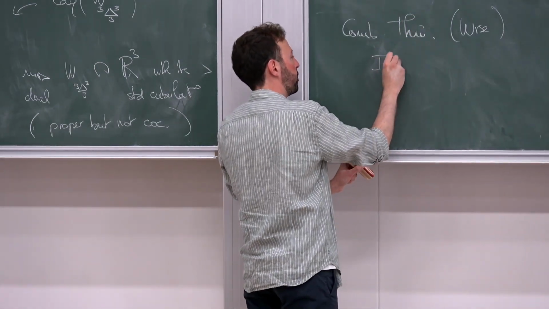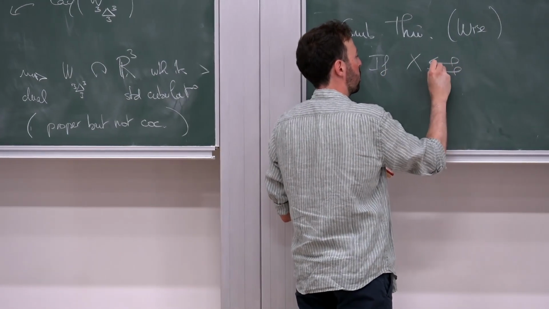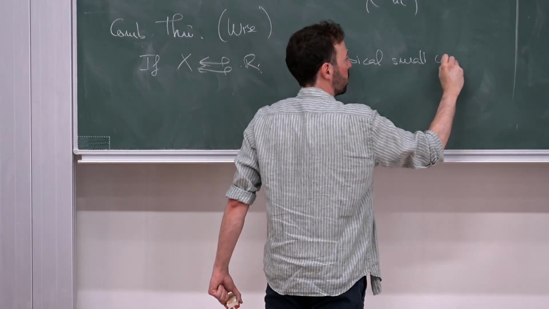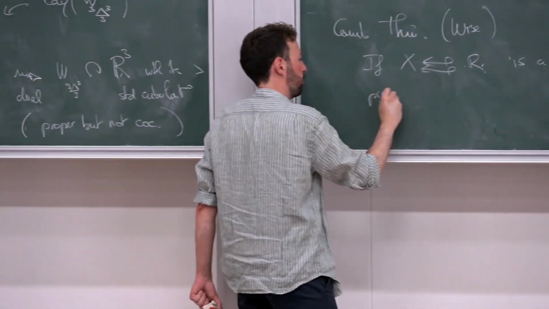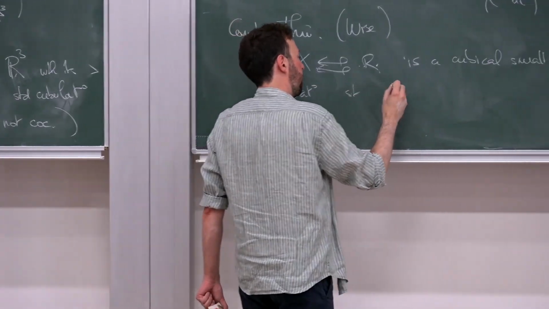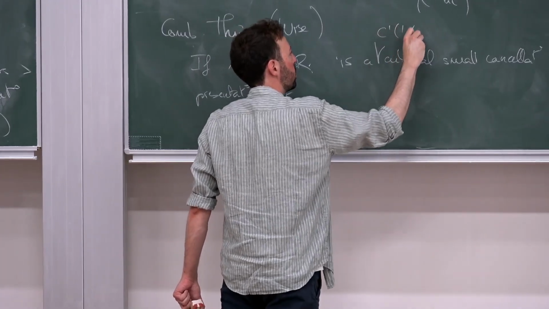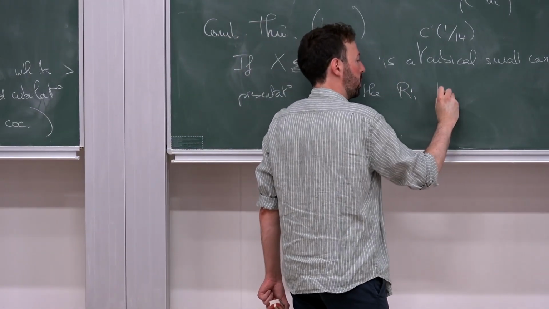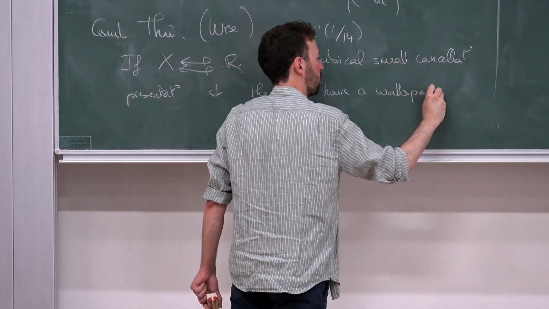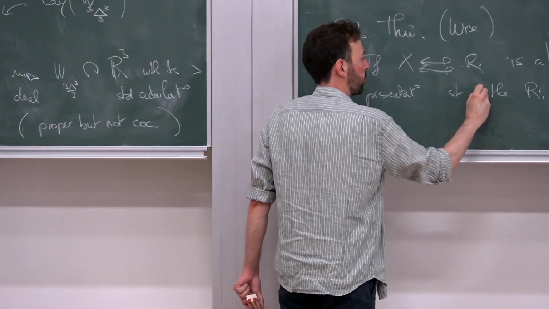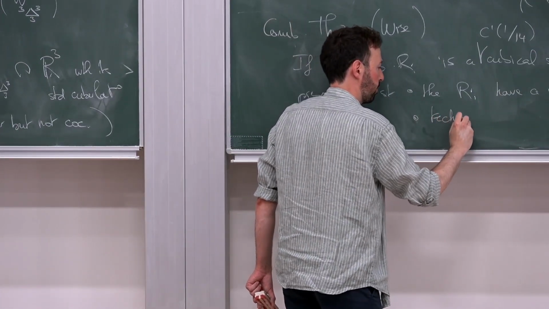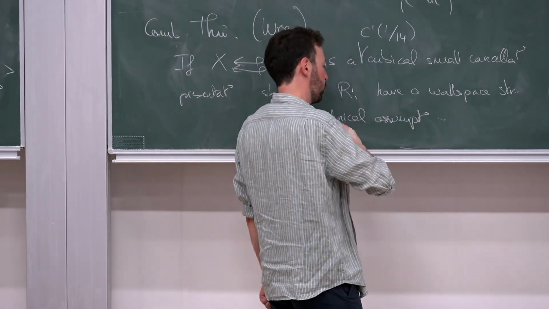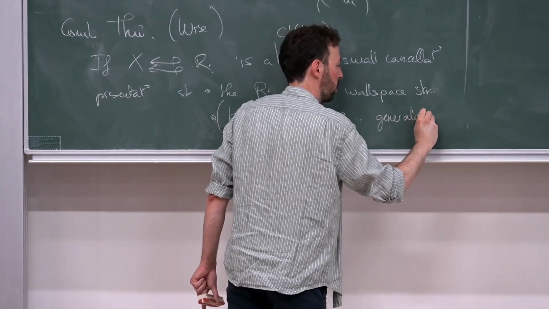If X is a cubical small cancellation presentation, so we should say C'(1/14), such that the relators have a wall space structure, and some rather technical assumption, which, if people in the audience are very familiar with small cancellation, is this idea of generalized V6 condition plus other extra conditions.